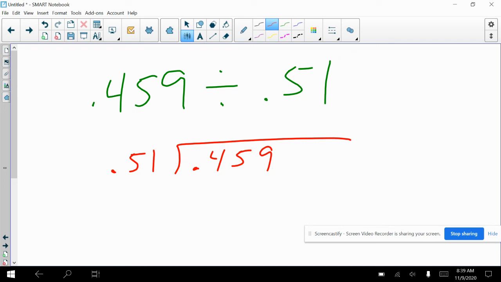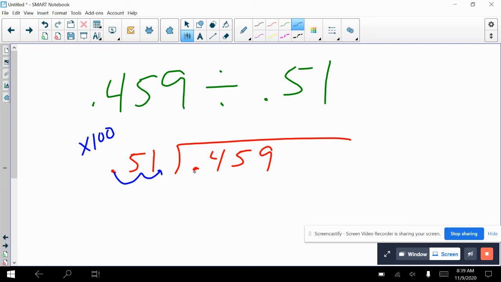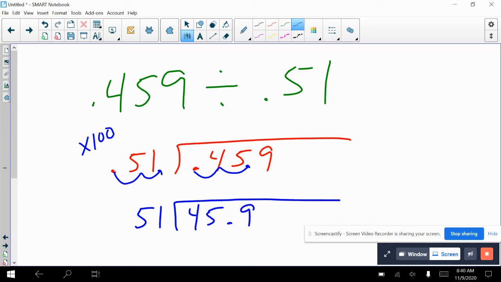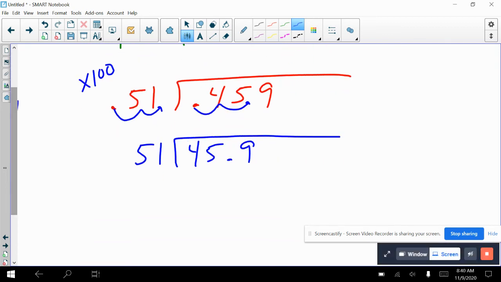All right, what are we multiplying the divisor by, Masa? Okay, we're multiplying by 100. We got to move it twice in the divisor. We got to move it twice in the dividend. So our real problem is 51 divided by 45 and 9/10.